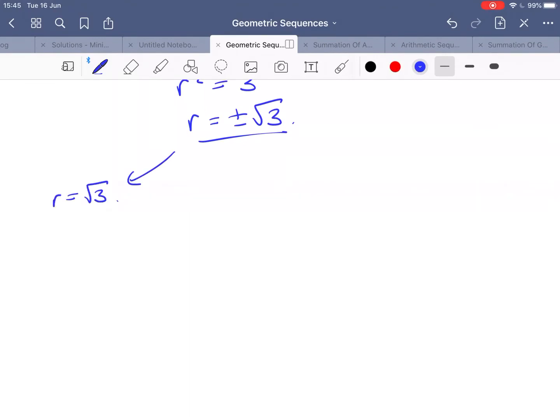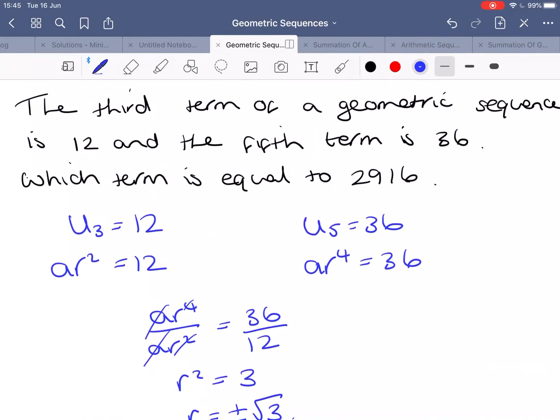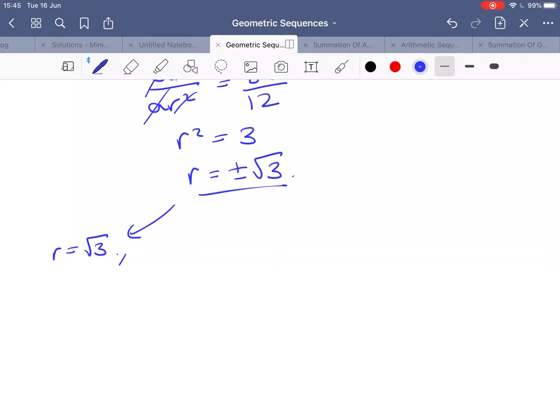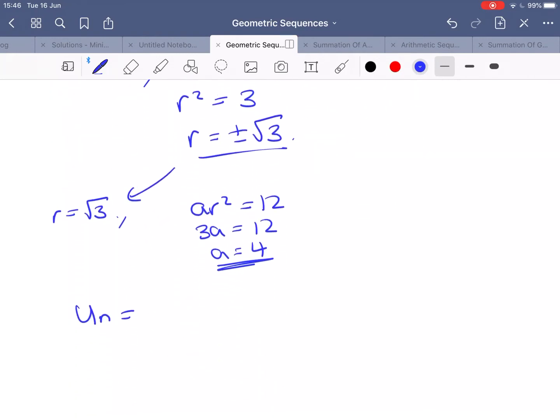Okay, and we'll see if it makes a difference. So r is equal to root 3. I don't know what a is yet, but I do know ar squared is equal to 12. So that means 3a is 12. So a is 4.